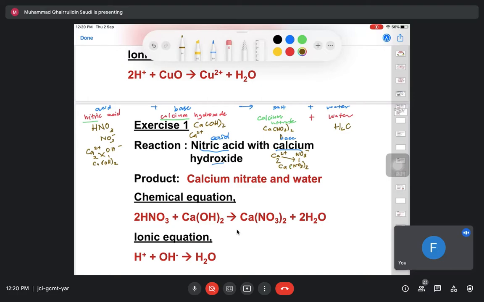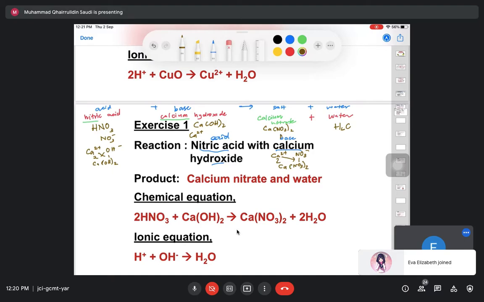It is very important. So if you still have problem with chemical formula and chemical equation, please do some more practice or ask me, so that you are familiar, so that you can write the chemical equation and chemical formula easily.